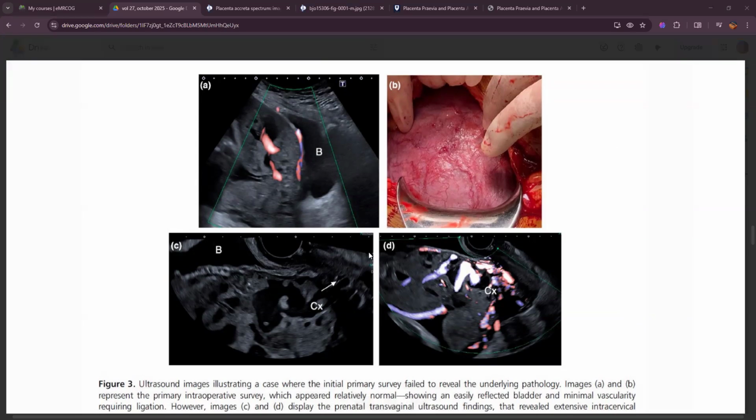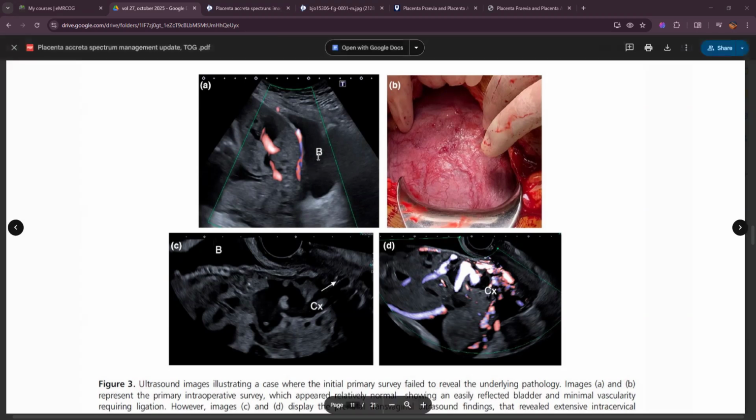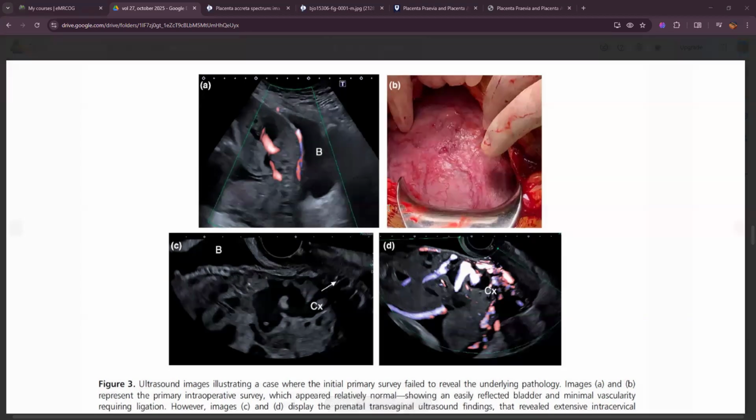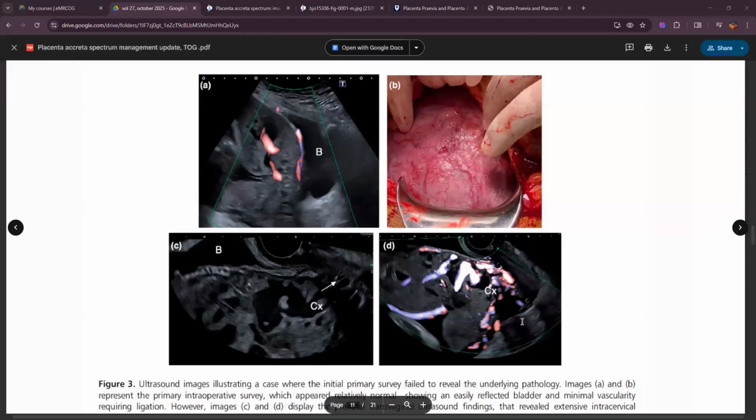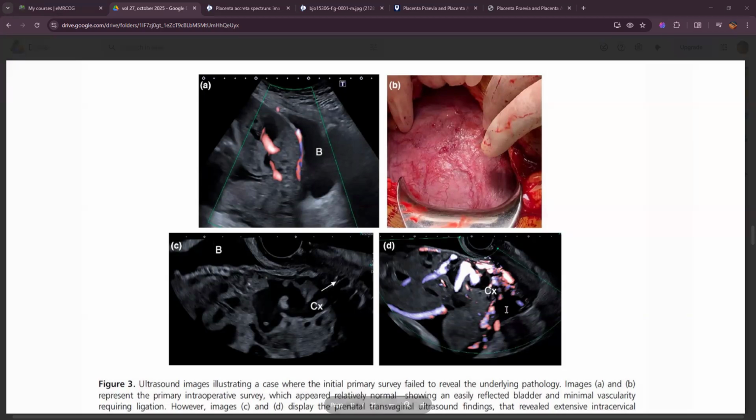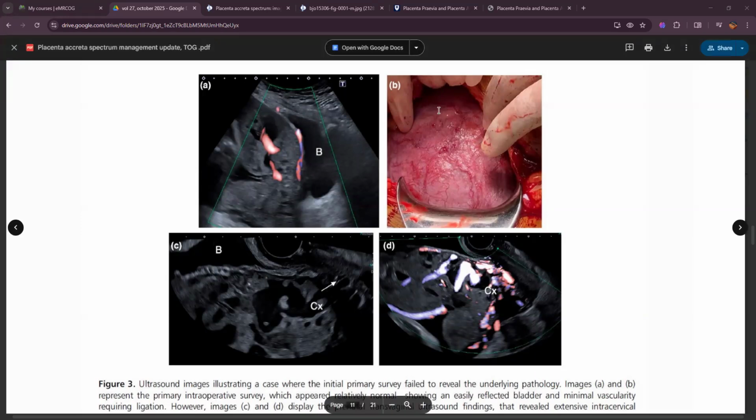Yeah, we are having the placenta encroaching the bladder. Okay, forget about the TVS. Let's have a look here. This is the cervix, and wow, such lacunas and big lacunas and high vascularity toward the cervix. Okay, so here we are.